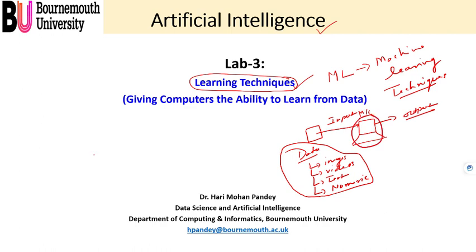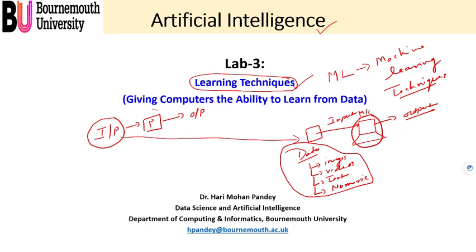If you see the general architecture of a computer system, it is simply input, processing, and output. Relating this block diagram with this example, this is your input, processing will be done by this machine, and you want to get some output. When we say processing, the term processing defines the learning techniques. This is what we are going to learn in this lab session.